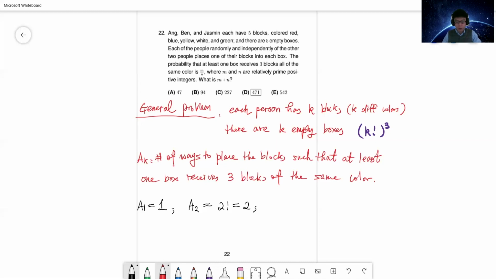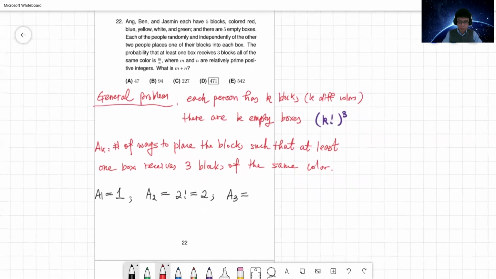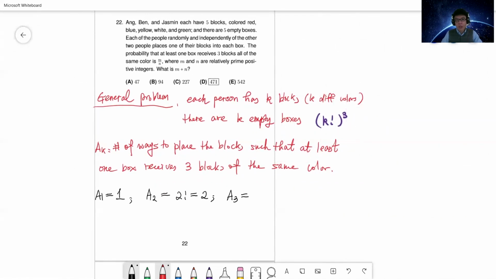Next, let's consider A3. We have 3 boxes, and each person has 3 blocks. Now, at least 1 box has all blocks of the same color. The number of such boxes could be 1 box, 2 boxes, or 3 boxes; 2 boxes is impossible, so it must be 1 or 3. If it's 1 box, we should choose which box has the same color blocks, and then choose the color. There are 3 colors, so 3 choose 1.